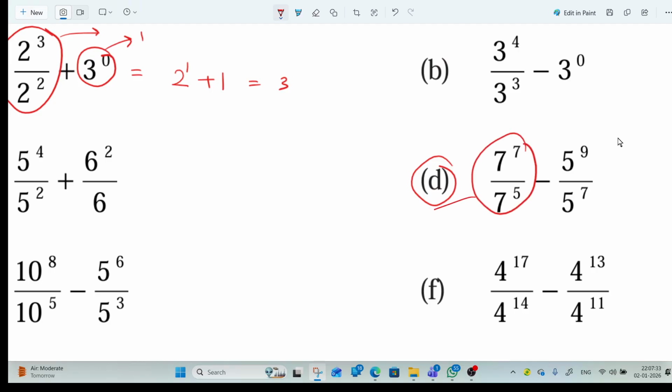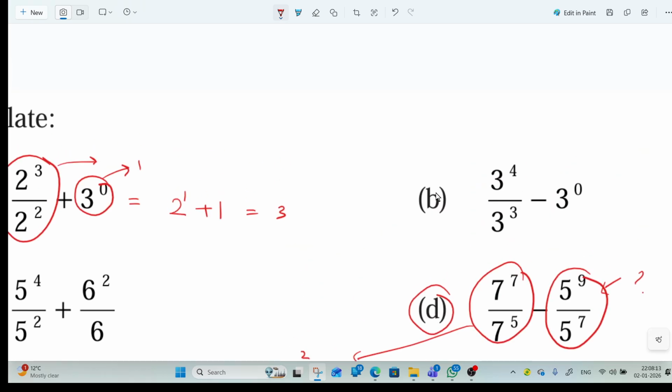How much is this? 7 minus 5, 2. So 7 to the power 2. And 5 to the power, how much is this? 2. Yes, 2. That's your answer, okay? Try this, B, quickly.